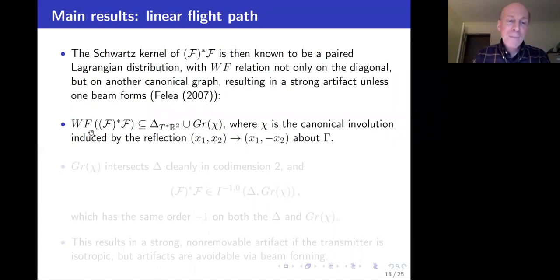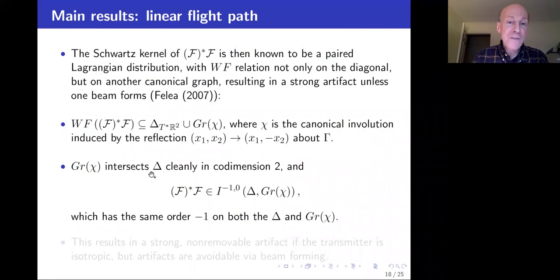So in fact, what happens is that the wavefront relation of F star F is contained in the union of the diagonal and the graph of a canonical transformation, the graph of a canonical involution. And this is simply the canonical transformation which is induced by the reflection about the flight path: X1, X2 goes to X1, minus X2, if our flight path were right above the X1 axis. And it's well known that the graph of chi intersects the diagonal cleanly in codimension 2.